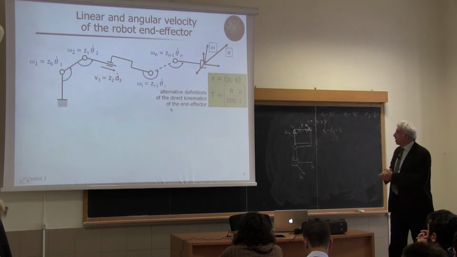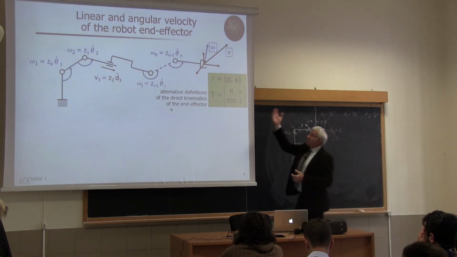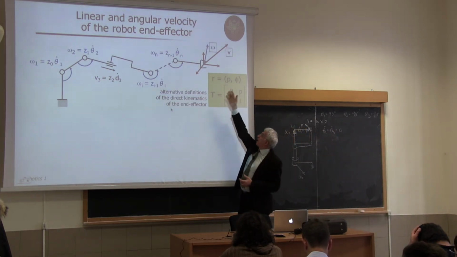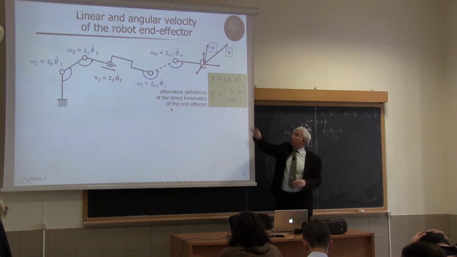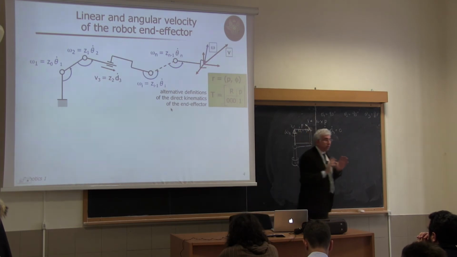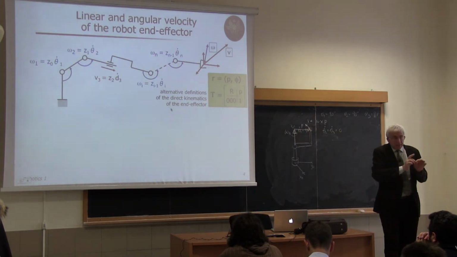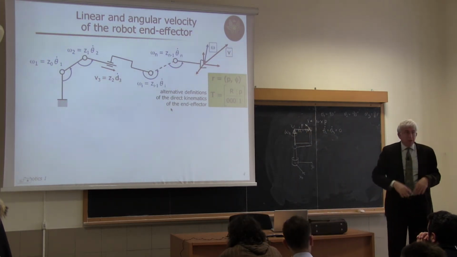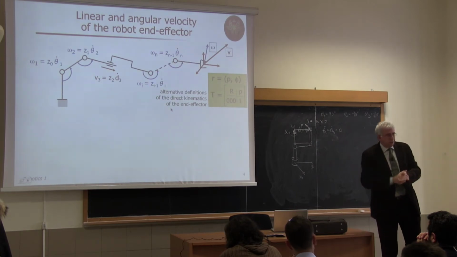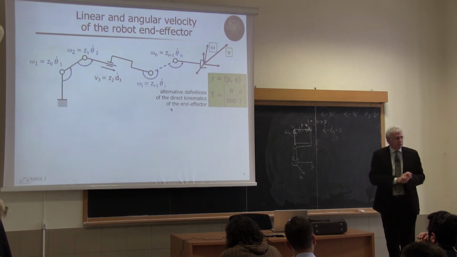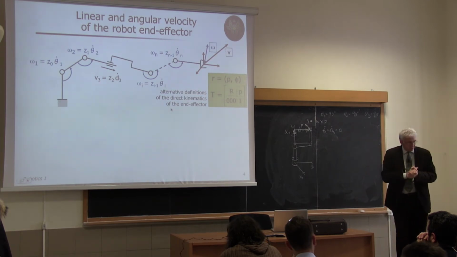Okay? So, since these are vectors, I represent these vectors starting from the origin of that frame. But remember, while V is the linear velocity of that point, omega is, I mean, just for convenience I'm putting it there, but it's the angular velocity of the whole frame, of the whole body. Okay?